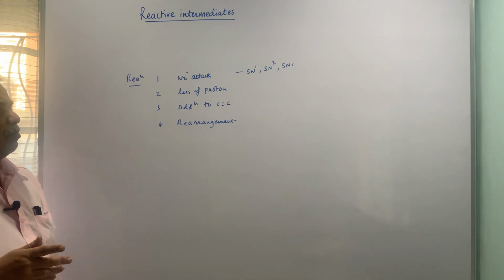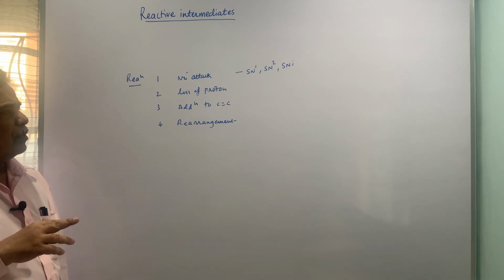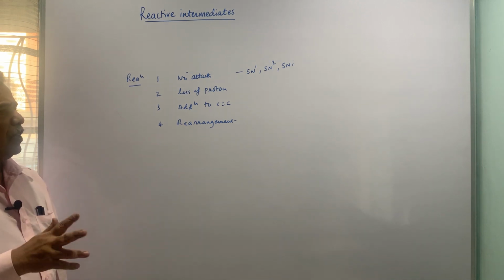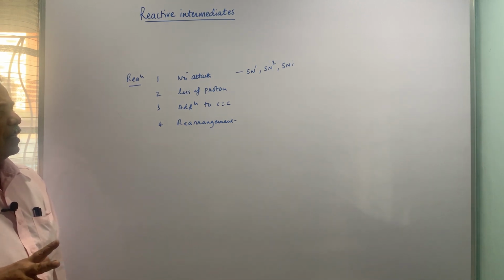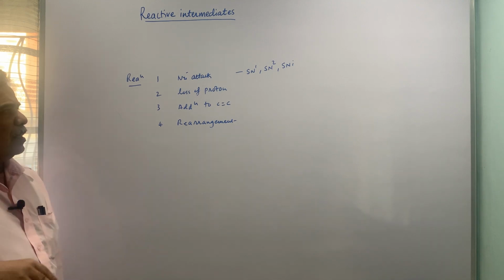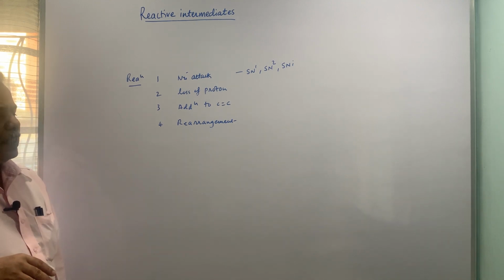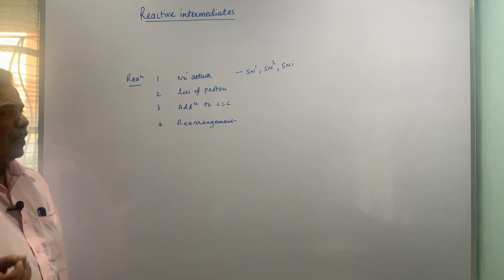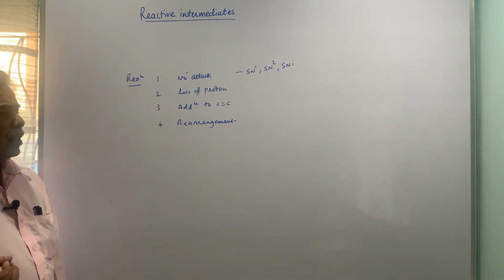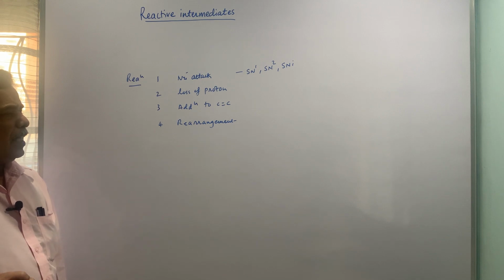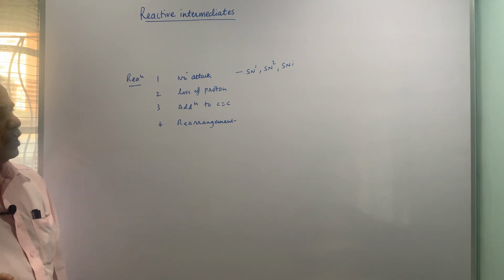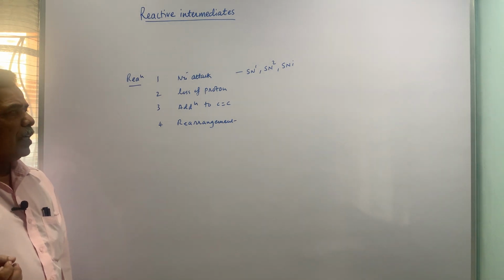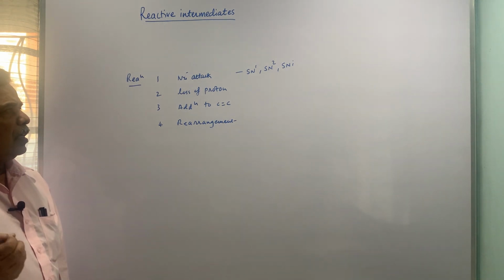In SN2, the loss of leaving group and the approach of incoming nucleophile take place at the same rate, so that is why second order kinetics are followed. SNi is a special case wherein the nucleophile is generated in situ within the reaction medium, and the best example is chlorination of alcohols using thionyl chloride. So that is the best example for SNi.